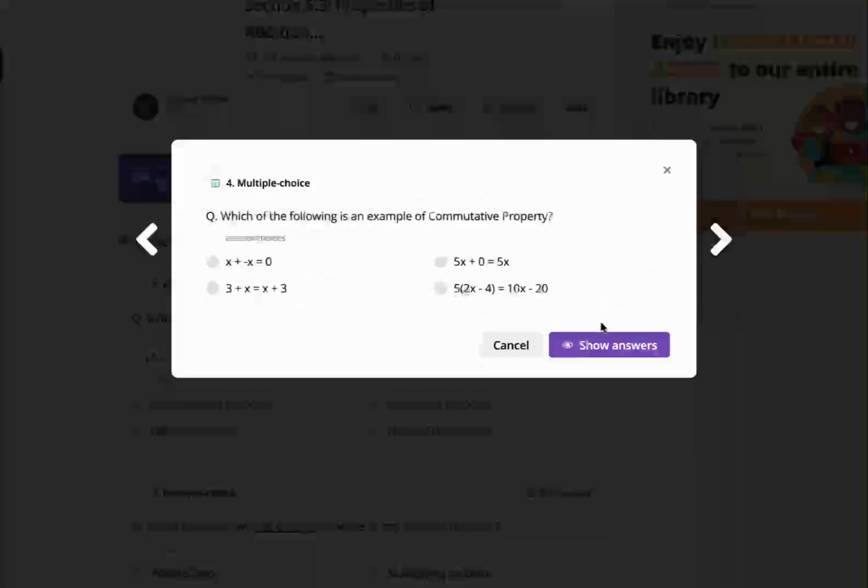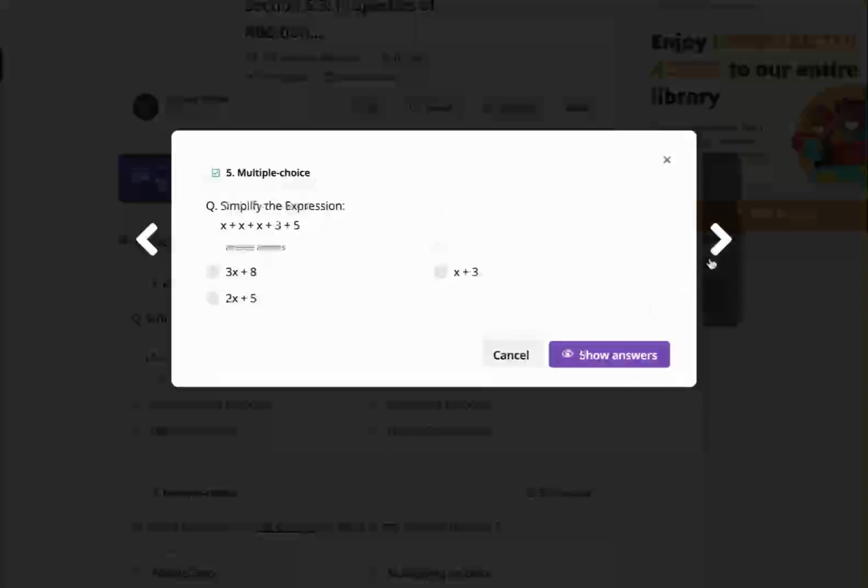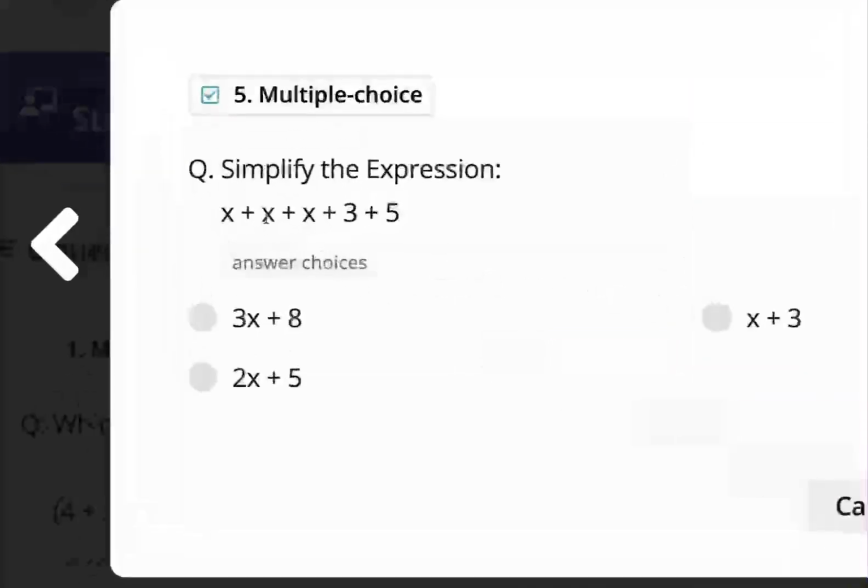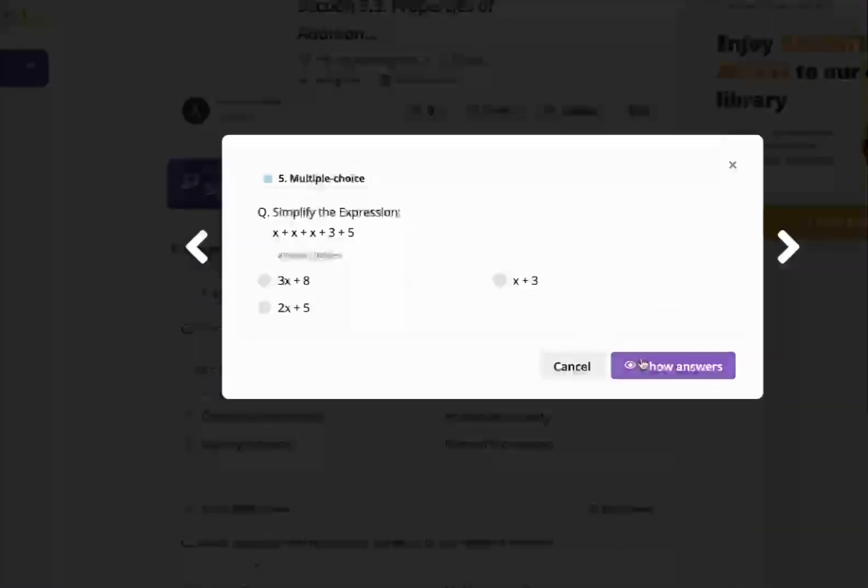Which of the following is commutative? In this one, 3 plus x equals x plus 3. We need to simplify this. We have x plus x plus x, so 3x, and 3 plus 5, using the associative property, of course, you can add these. 3 plus 5 equals 8, so 3x plus 8.